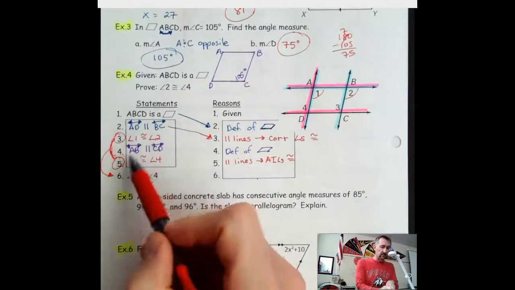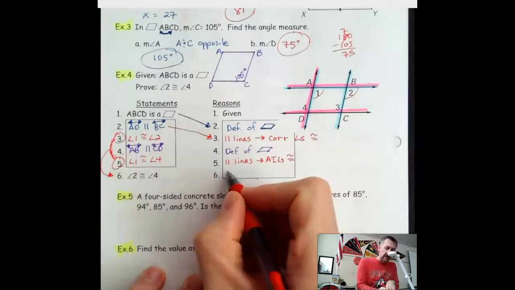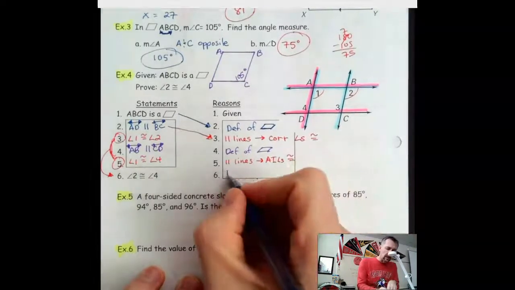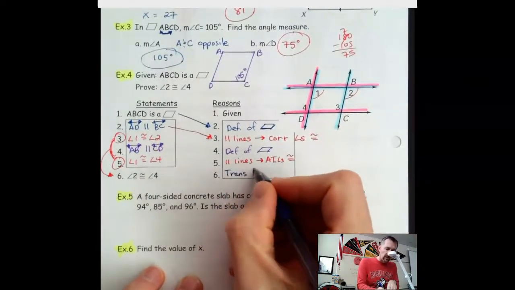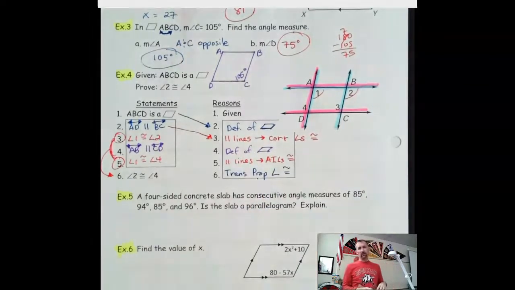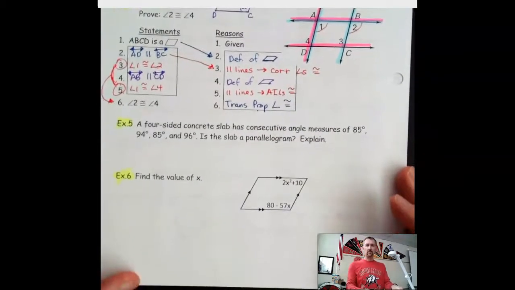Okay, so that's the transitive property of angle congruence. So we do repeat some of those proof reasons a lot, so the more you do them, maybe the better that will be for you eventually.